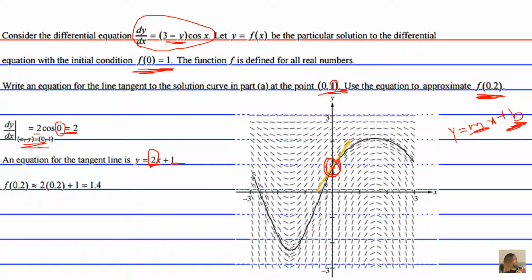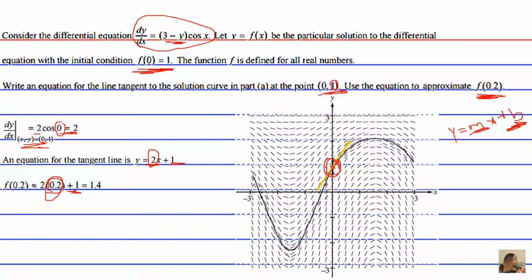So f of 0.2 is going to be approximately 2 times 0.2, because we're plugging in 0.2 for our x value. That's going to give us 0.4 plus 1, and our f of 0.2 is going to yield 1.4.